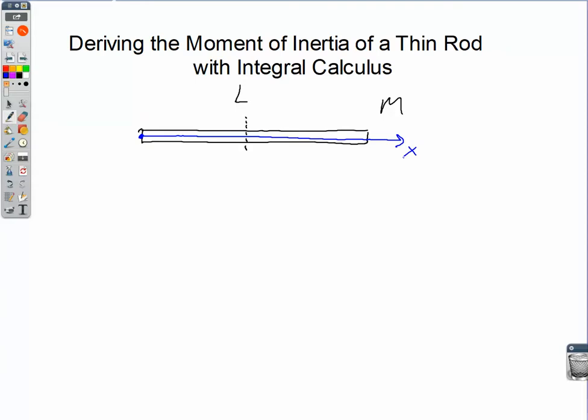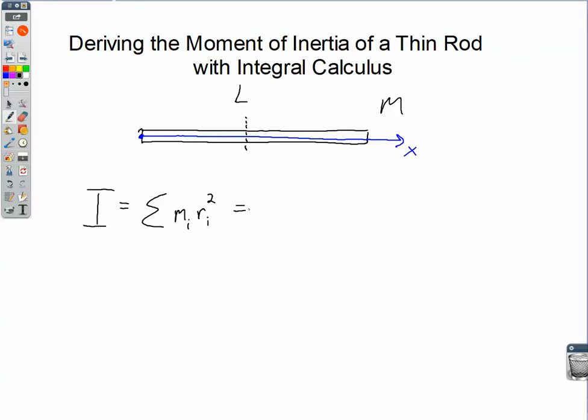First we need the equation for I using integrals. I, remember, was the sum of all of the individual masses times their distances from the axis squared. Since we can slice this rod up into an infinite number of infinitely small masses, that suggests an integration.